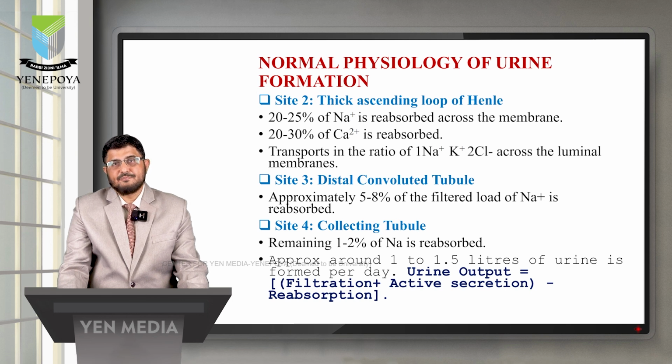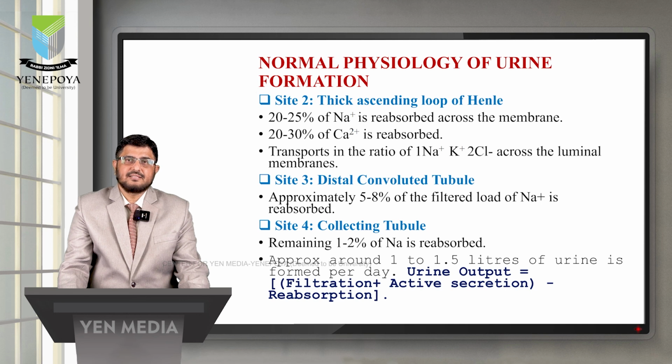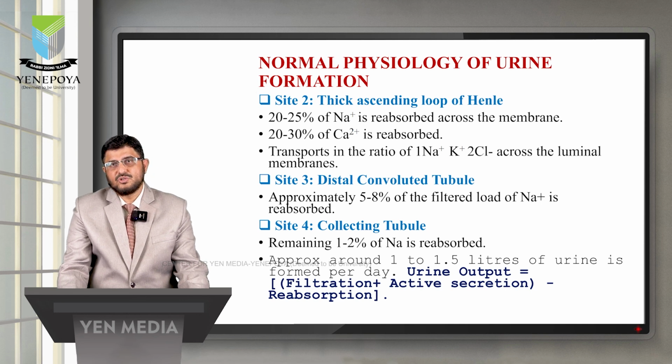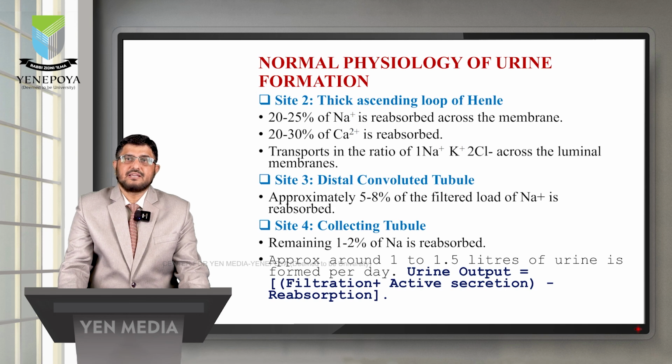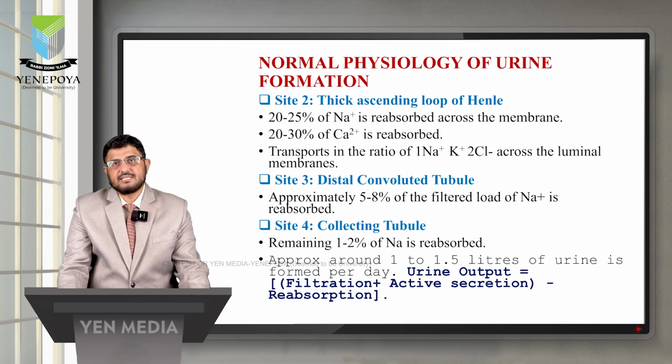Therefore, approximately 1 to 1.5 liters of urine is formed per day. If the urine is less than 500 ml, it is called oliguria, and if it is more than 3.5 liters, it is called polyuria. In between this range, you can consider it normal.